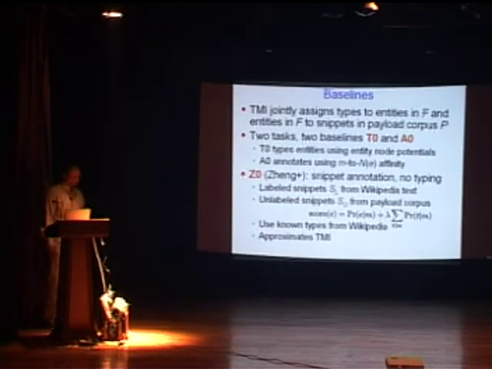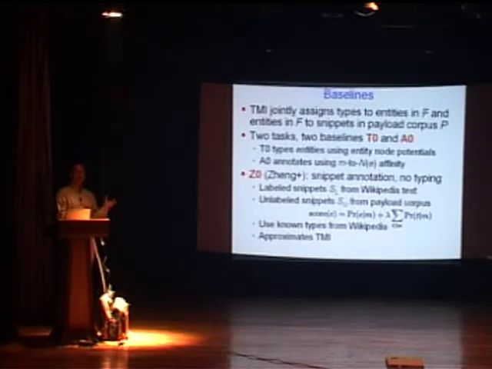Okay, so now I'll talk a little bit about evaluations. So TMI does two things together. It tries to assign a type to the new previous entities, and it tries to find mentions of the new previous entities in the payload corpus P. We don't talk about the typing too much because it turns out in typing it doesn't get much better than baseline.